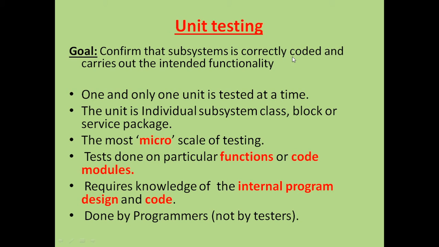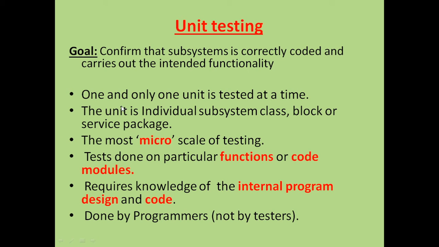What is unit testing? Basically, it confirms that subsystems are correctly coded and they carry out the intended functionality. As soon as the units are developed, they have to be checked for their code, whether it is correct or not, whether the outputs given by the code are accurate or not.